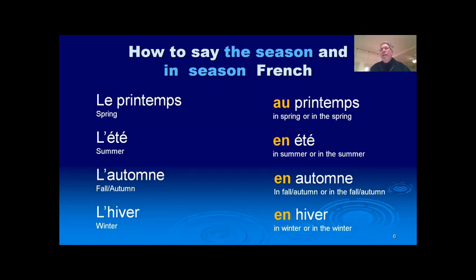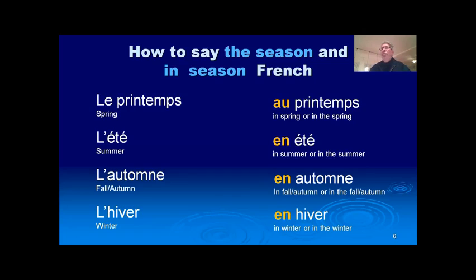En hiver. Now notice when we say en été or en automne or en hiver, we're going to make the liaison. That's the link between the N in en and the vowel of the next word, the name of the season. So en été, en automne, en hiver, we make that liaison each and every time that we say that. The reason we use au for printemps is, frankly, it wouldn't sound very good to the French ear if we said en printemps.